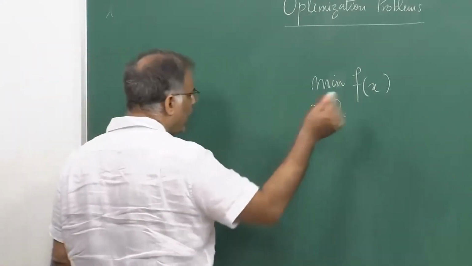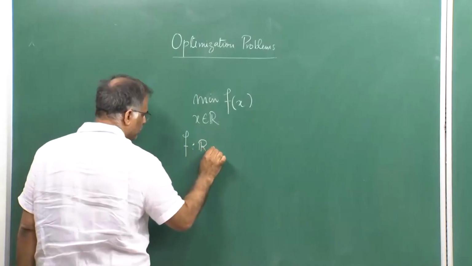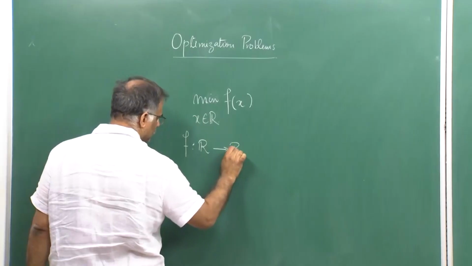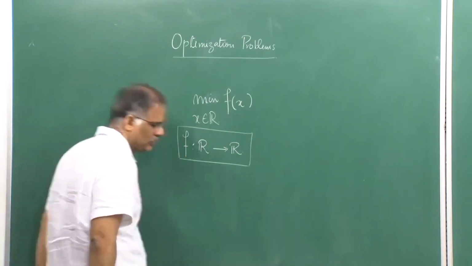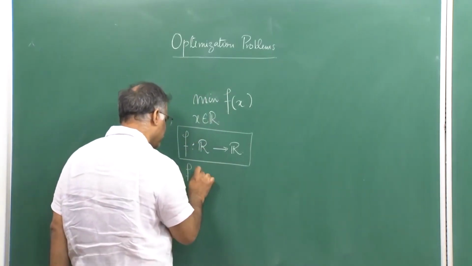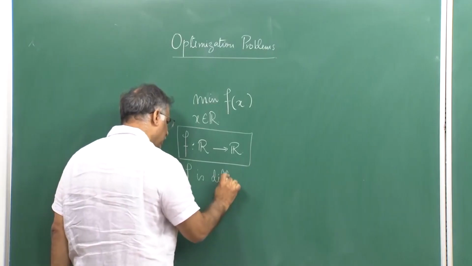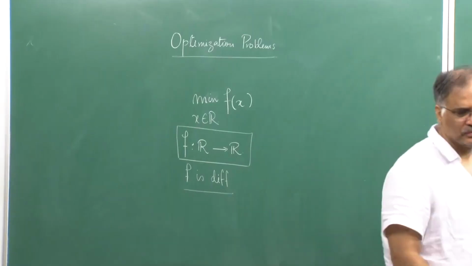So, what we have been discussing till now while finding a maxima and minima is the following. I have a function from R to R and f is differentiable, and I am trying to find its maxima and minima.